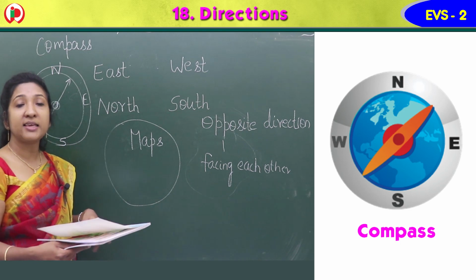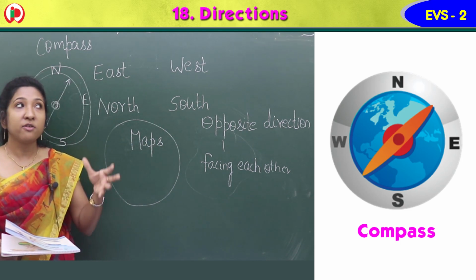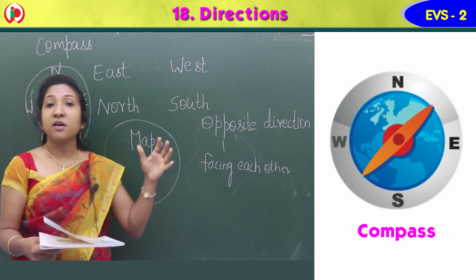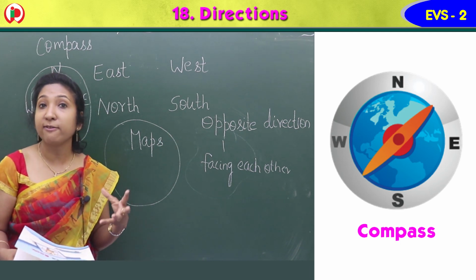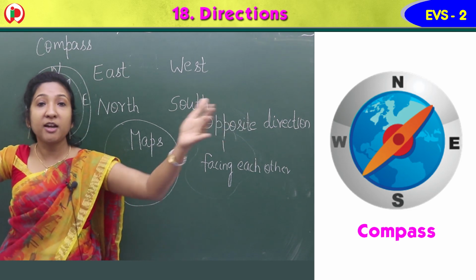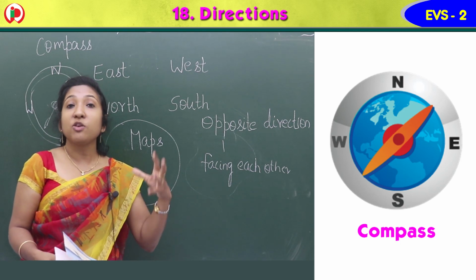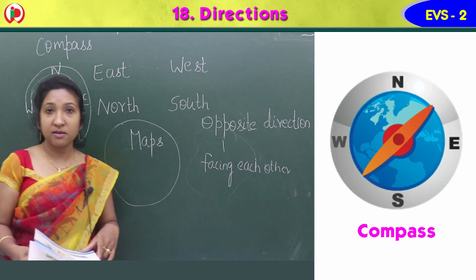In olden days, when people went sailing in ships, in the middle of the sea, to find the direction is very difficult. They are far away from the land. If they want to find the direction, they use this instrument called compass.